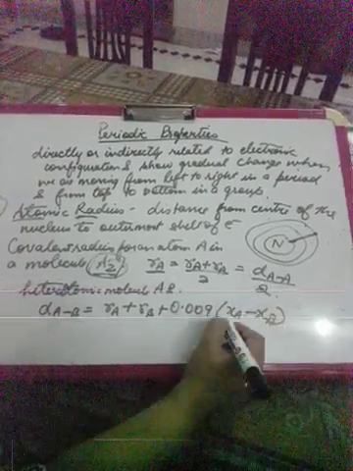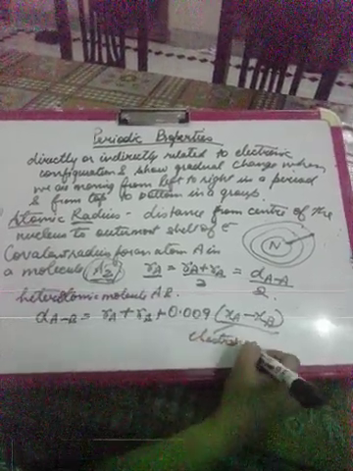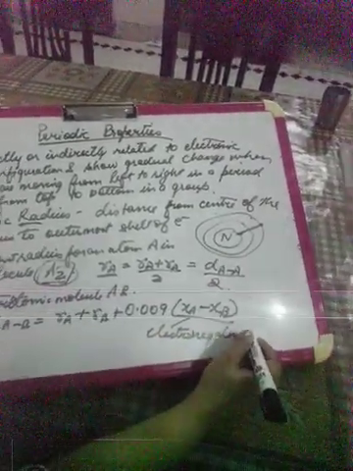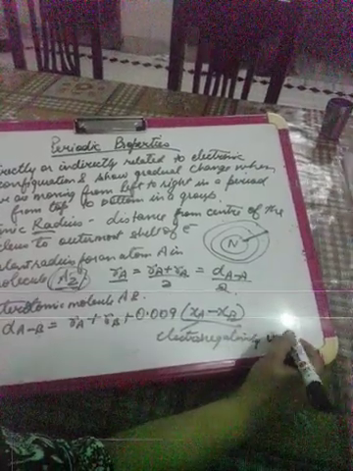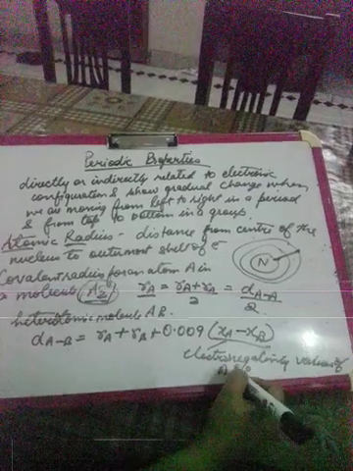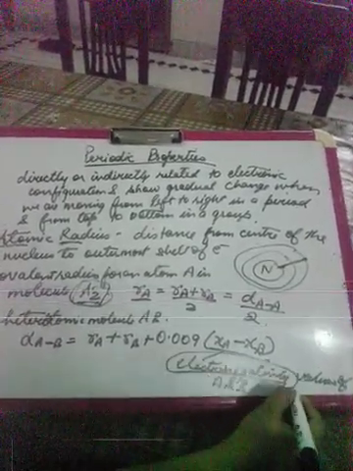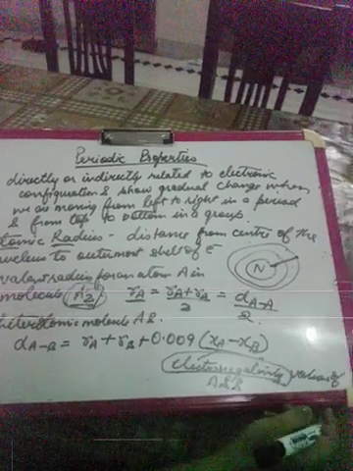So what are XA and XB? These are the electronegativity values of A and B. This electronegativity we would be covering in the next topic.